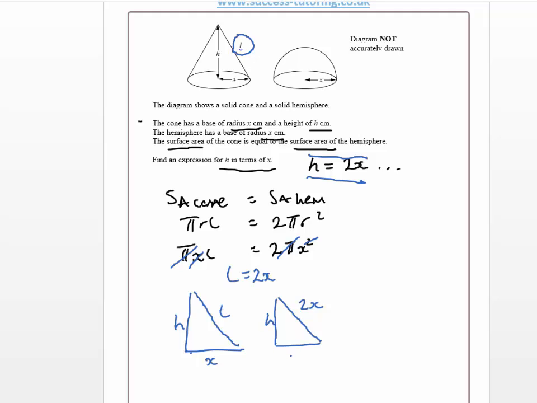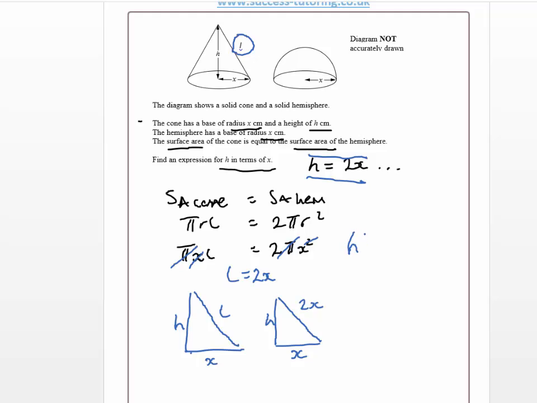We've got a height and we've got x. Now this fits what we're trying to find. But it looks a bit odd because we don't want h equal to 2x, or h equal to x. You need to use Pythagoras to work it out. Okay, so let's try and do that now.